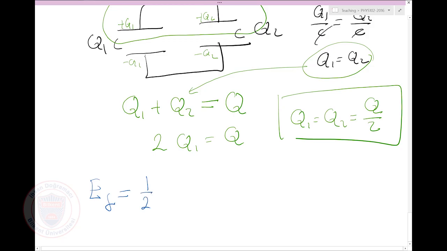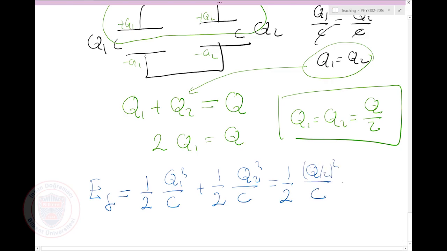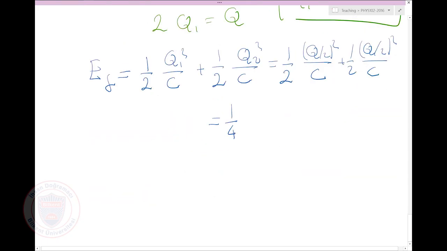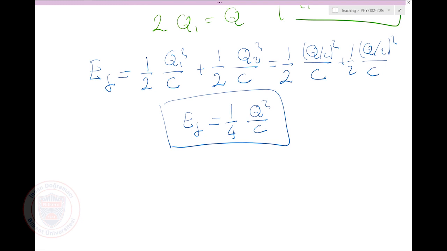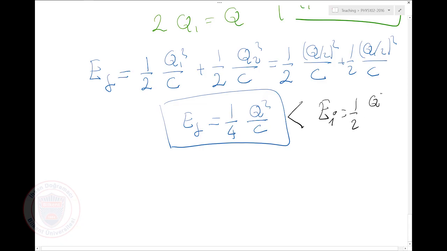The first capacitor has 1/2 Q1 square over C. The second capacitor has 1/2 Q2 square over C. So it's going to be 1/2 (Q over 2) square over C plus 1/2 (Q over 2) square over C. So it's going to be 1/4 Q square over C. Hey, which is less than my initial energy, which was 1/2 Q square over C.